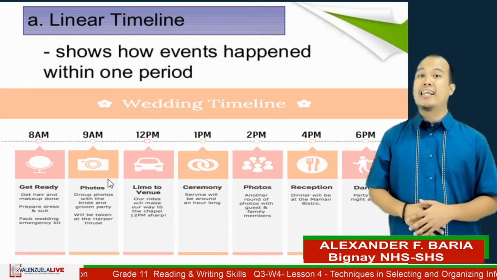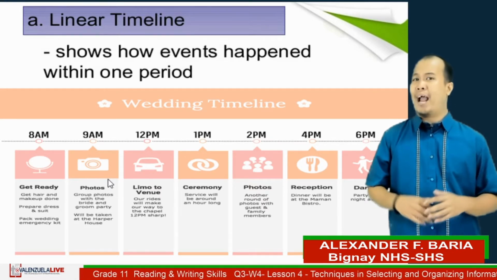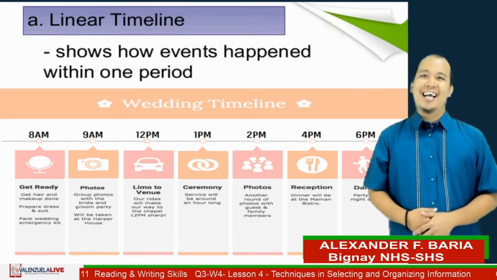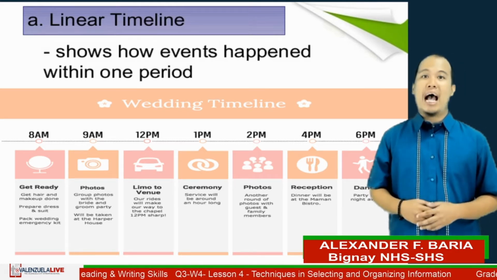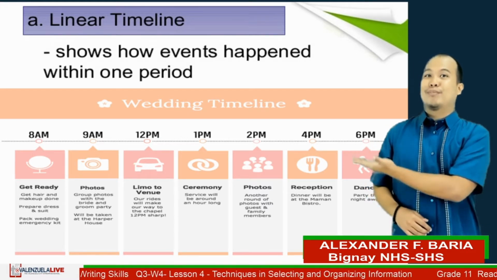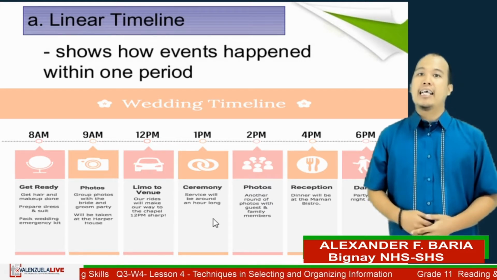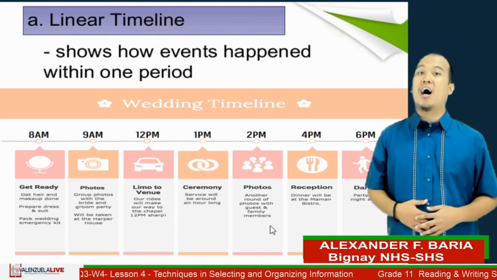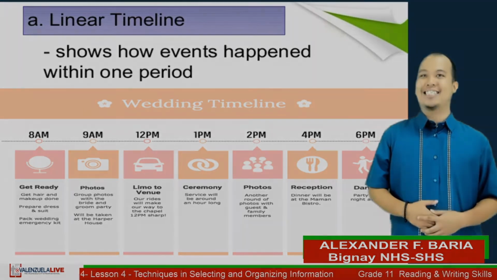So what are linear timeline and comparative timeline? Let's start first with linear timeline. Linear timeline shows how events happen within one period. For example, look at this wedding timeline. It illustrates the exact time and event specifics of this certain important day.